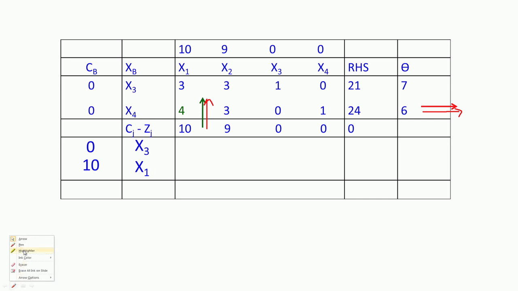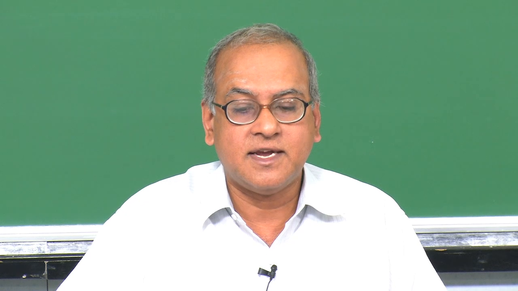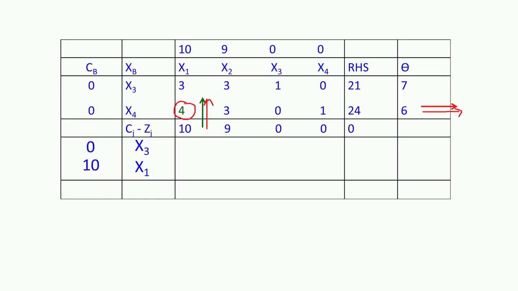Now what I do is, this element which is 4, which I have shown in a different color, is the intersection element between the entering variable x1 and the leaving variable x4, and this 4 is called a pivot element.